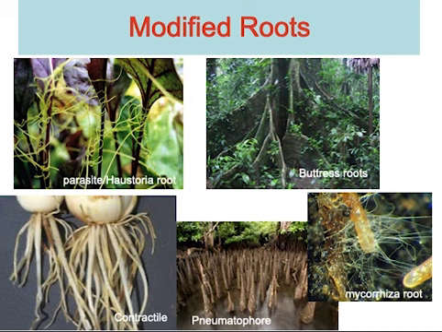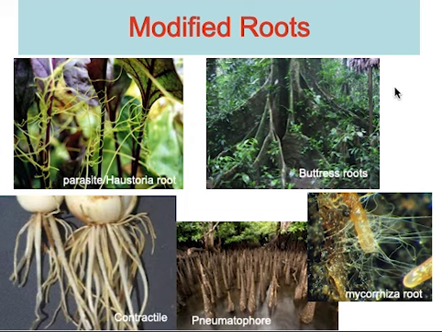So this parasite root system can be found such as in the dodder plant. So the haustorium forms a vascular union with the host plant to redirect the host nutrient.